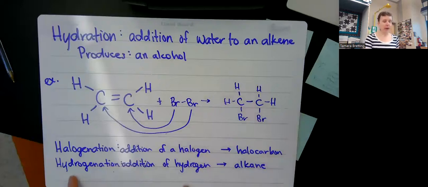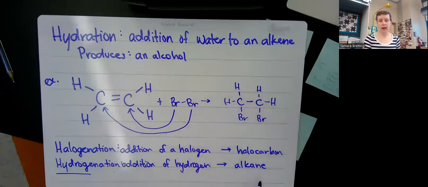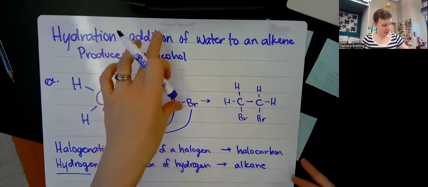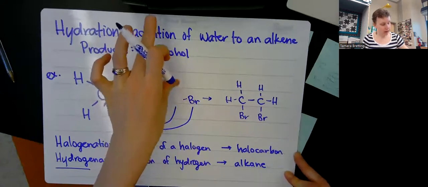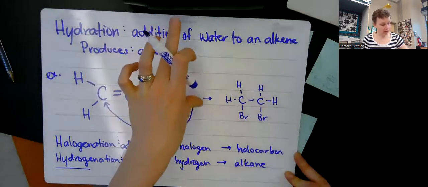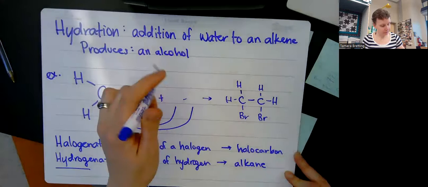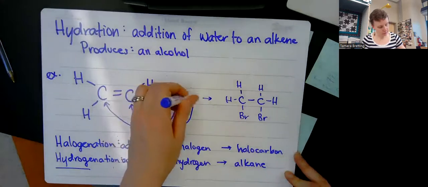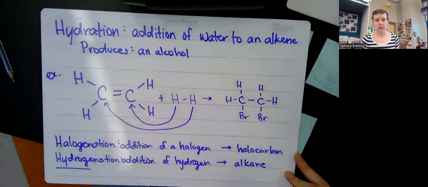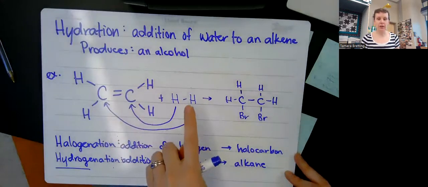Then the final one, hydrogenation. Again, this is just hydrogen, adding hydrogen to an alkene, and it's going to make an alkane. So again, this time I'm just going to erase my Brs here. Hydrogen, another gen, is diatomic. So there's my hydrogen molecule, H2, right?